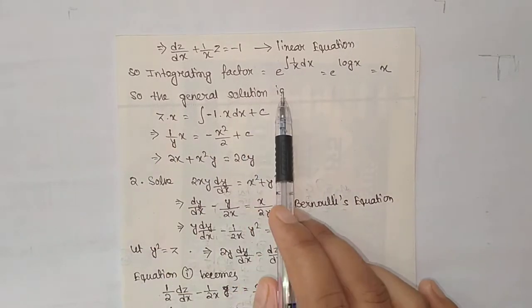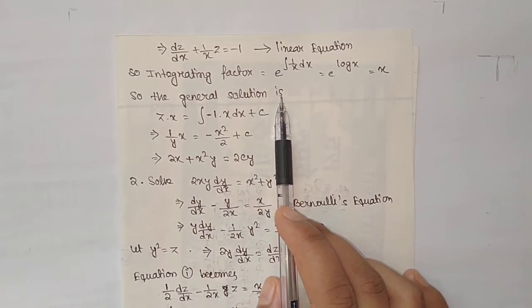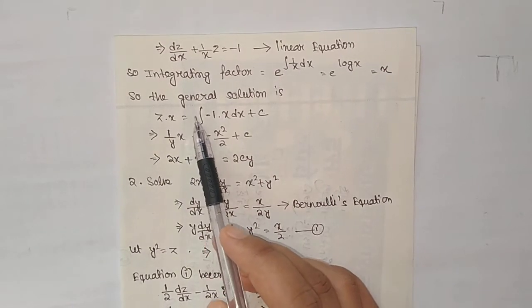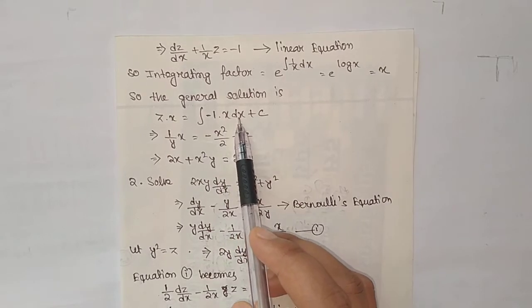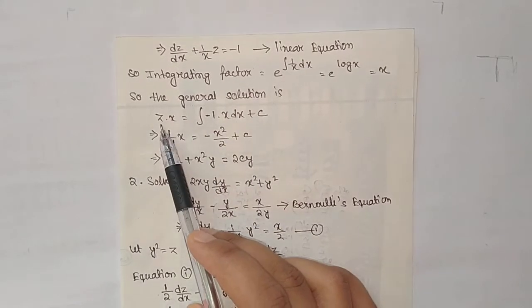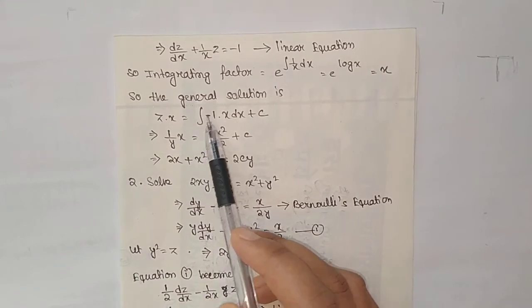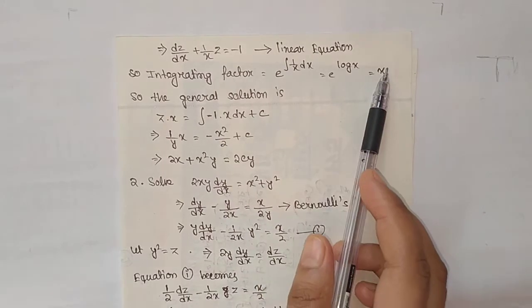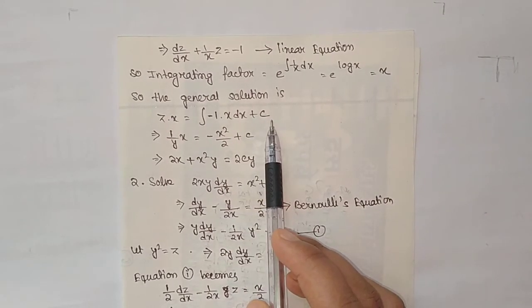The general solution: we already know how to compute it. z times the integrating factor equals the integral of Q times the integrating factor dx plus c. So z·x = ∫(-1)·x dx + c, where c is an arbitrary constant.